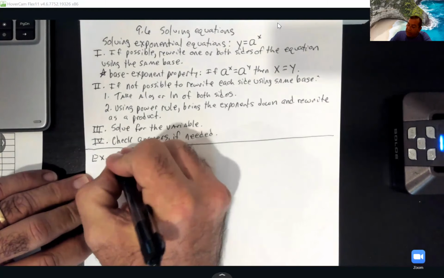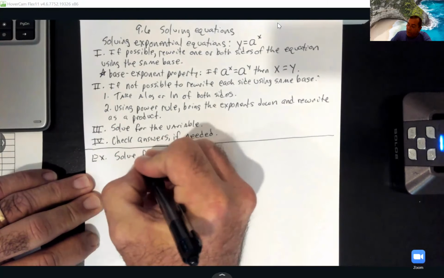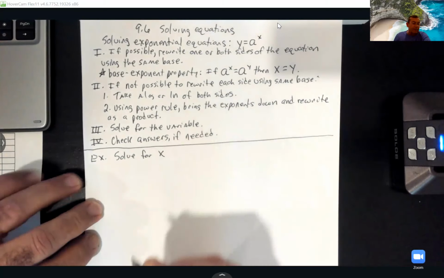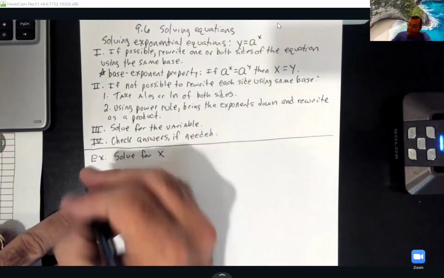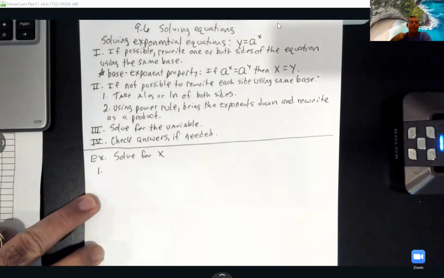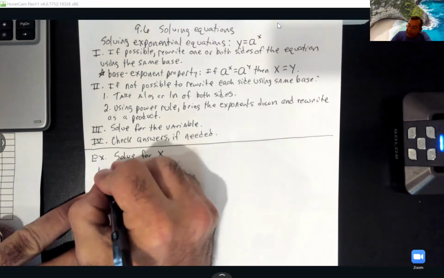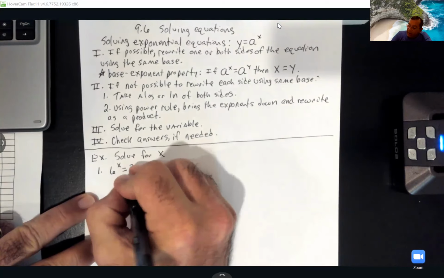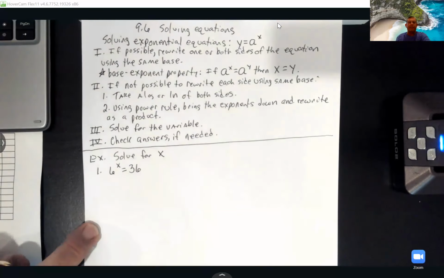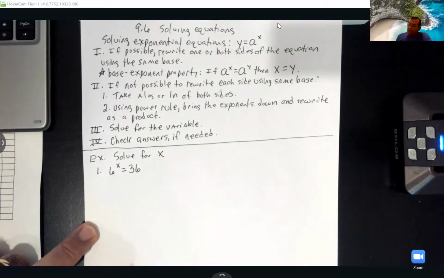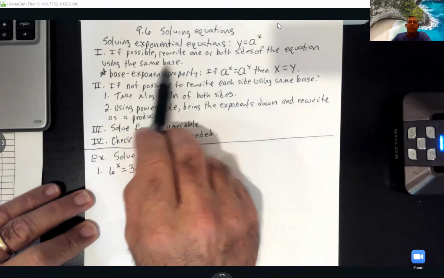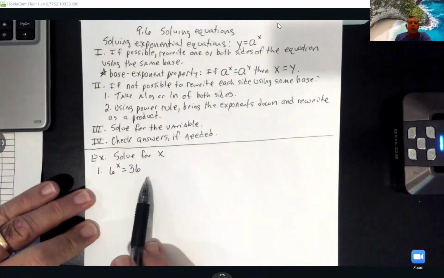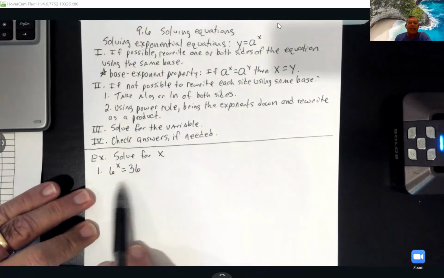So these will just say solve for x. Okay, so I'm going to start with number 1. I got 6 to the x equals 36. So the first thing, if possible, rewrite this equation so it's got the same base on each side.